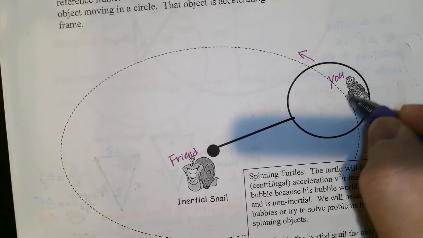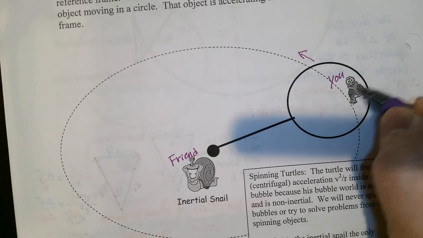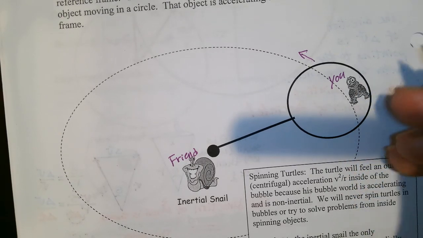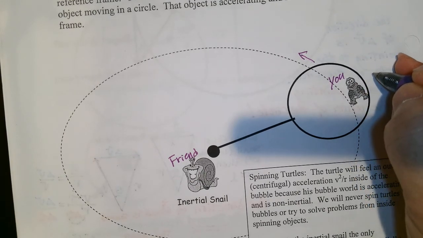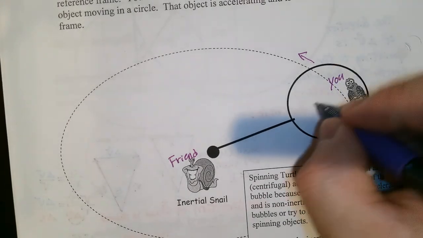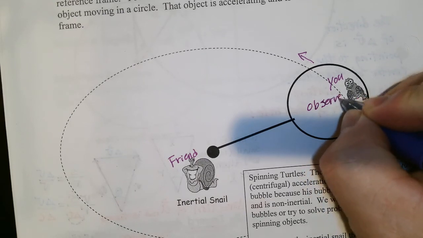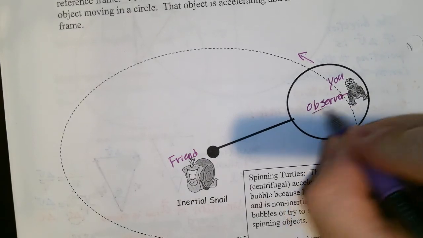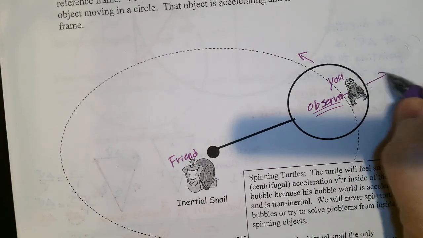You would feel that you are getting pushed against the side of the wall of the bubble, and you are feeling that you're going to be fleeing away from the center of the circle. Because you, the observer, will feel being pushed out.